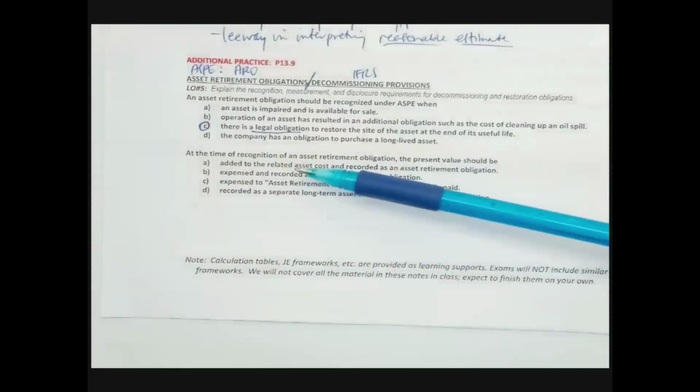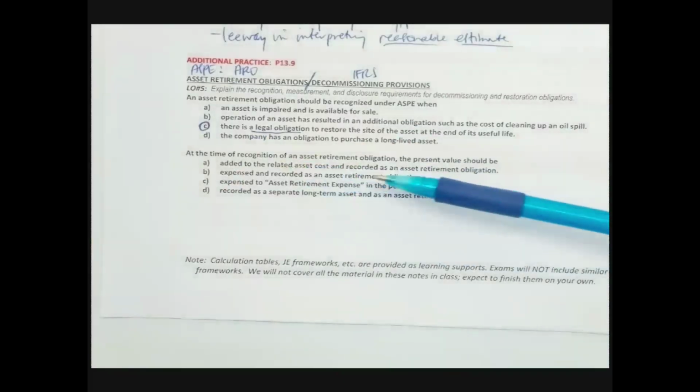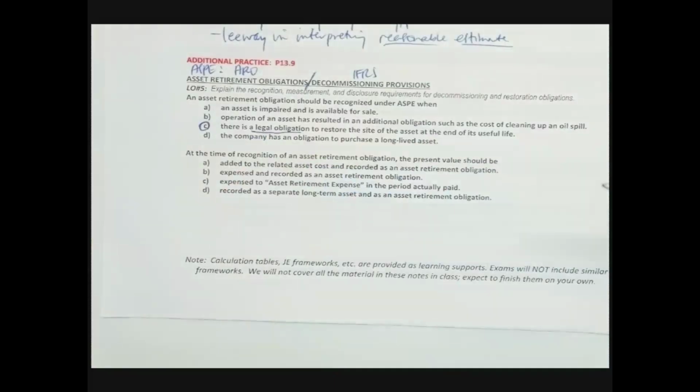At the time of recognition of an asset retirement obligation, the way we record these obligations is we try to estimate what it's going to cost to restore that site in the future, and then we present value it to today, because often we intend to use these assets for many years.